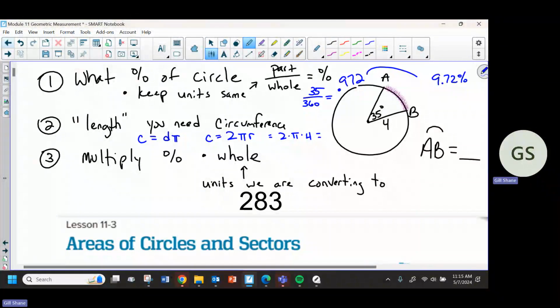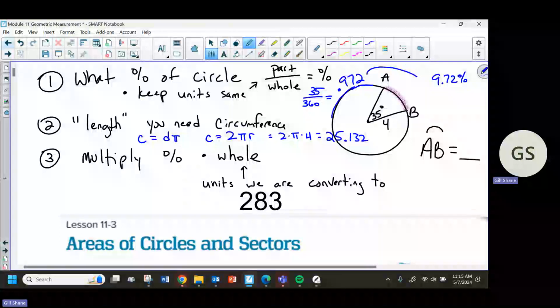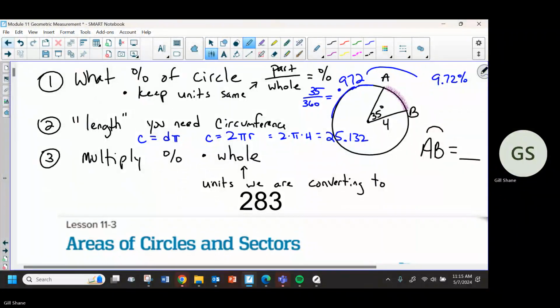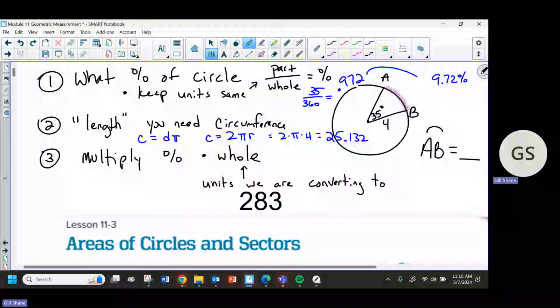So say it again, 25. All right, so that's my entire circumference. That's the length of the entire circle, the line, you could say, that makes up the entire circle. Let's use the highlighter, it should work on this one.